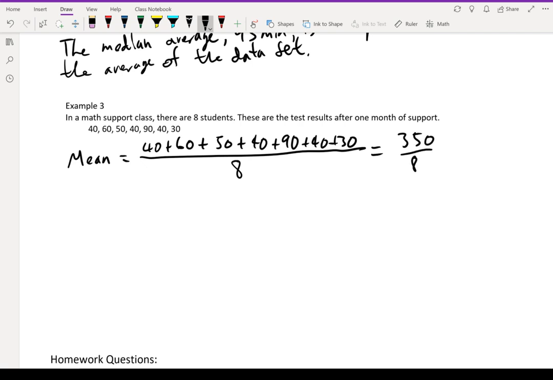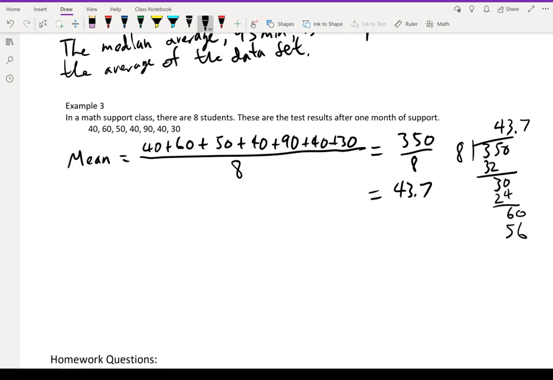Using long division, 8 goes into 35 4 times, 32. We have 30 remaining. That's 3 times 8, 24, and that's 6 remaining. So I'll just leave it at 43.7.